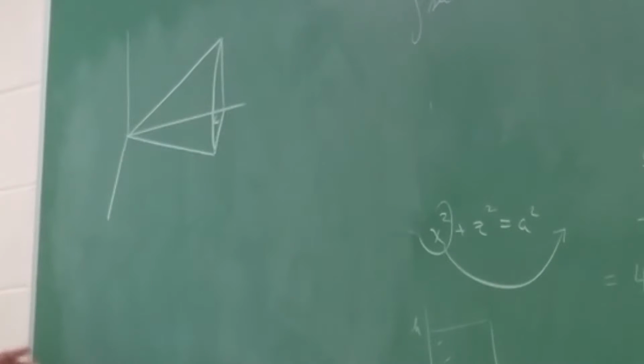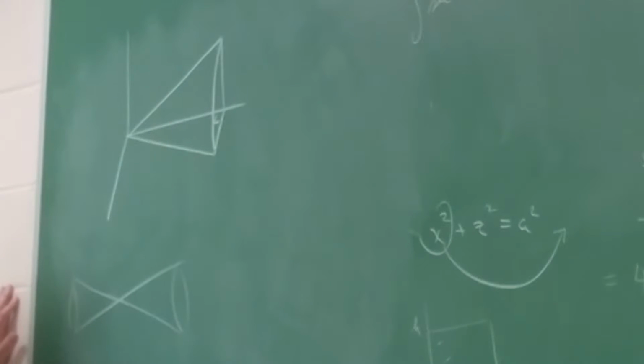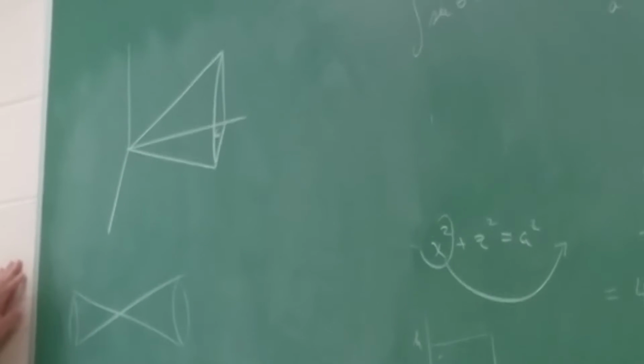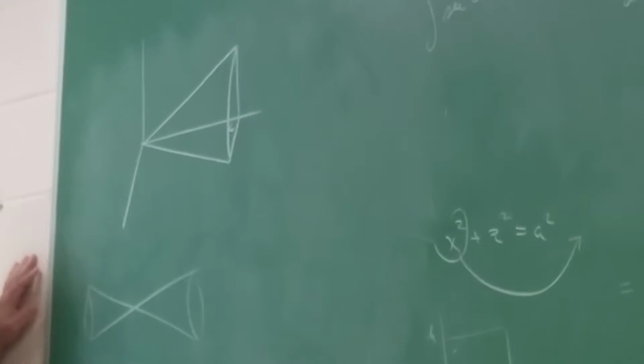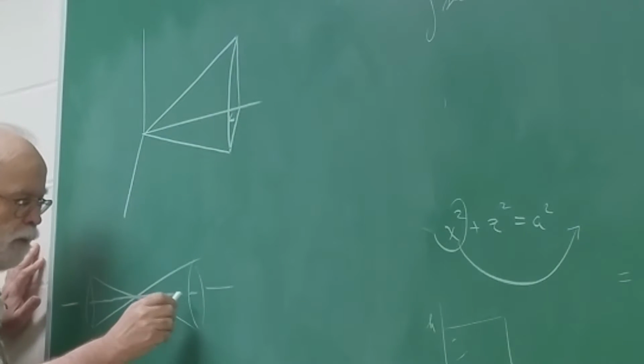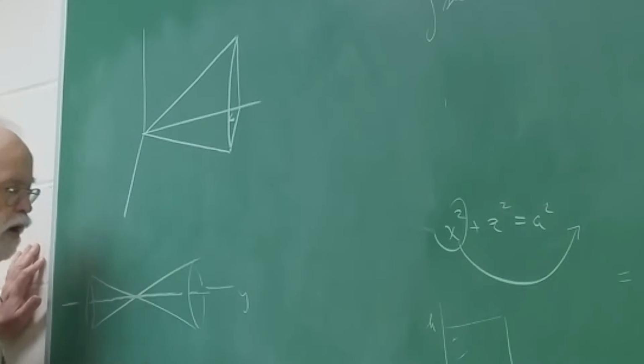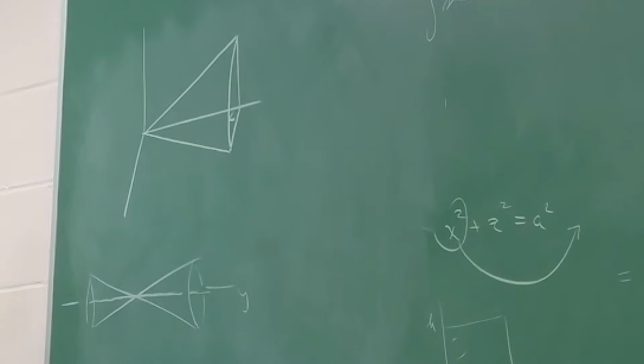so for this cone, tell me about the equation. The main axis of this cone is which axis? The Y axis. All right, so the main axis is the one that's different from the others.